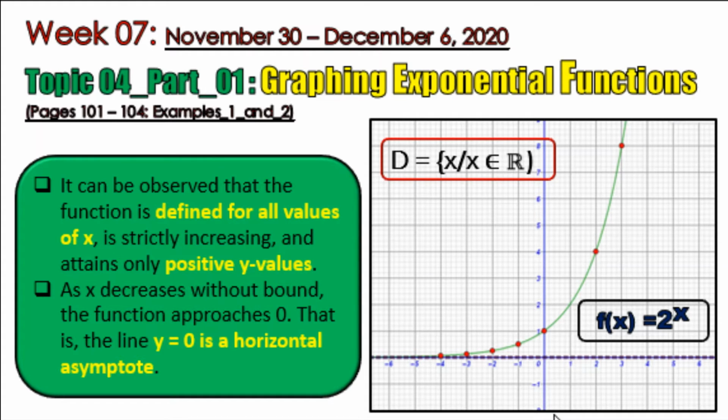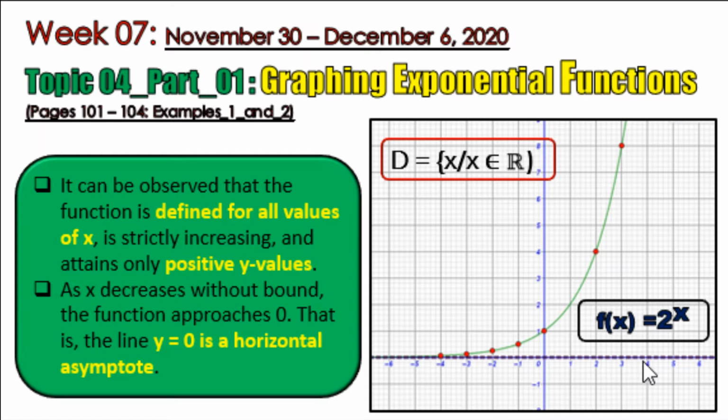So we cannot have a value of y equal to 0. We cannot also have a negative value of y. Looking at this graph, it does not cross the line in which the value of y is 0, so it cannot cross the x-axis.